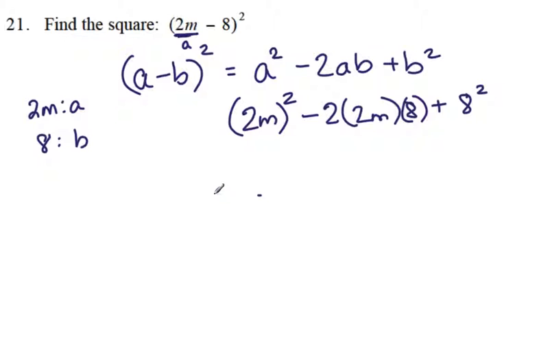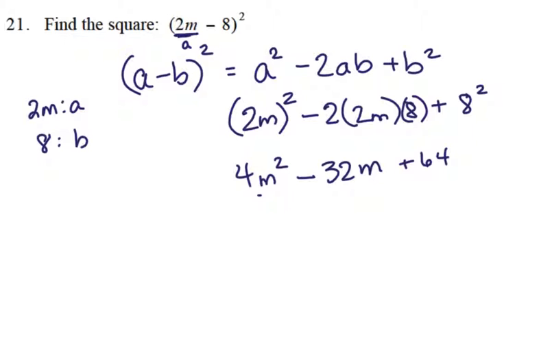2 squared is 4. M squared is m squared. I'm going to go this way. 8 times 2 is 16. 16 times 2 is 32. There's only one negative, so it's going to be negative 32m, and then 8 squared is 64.